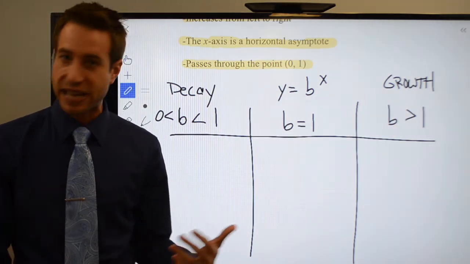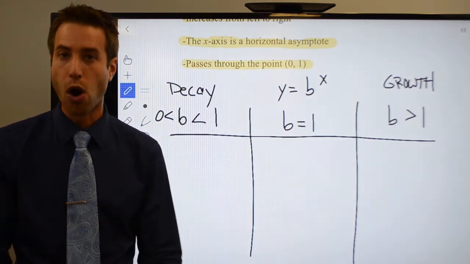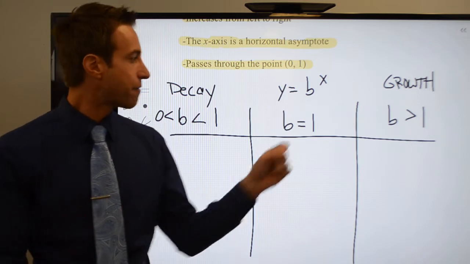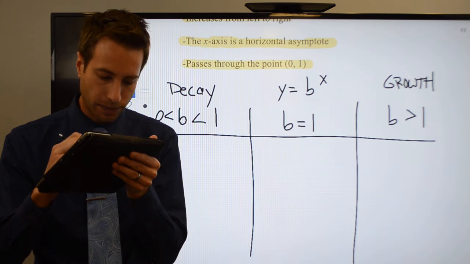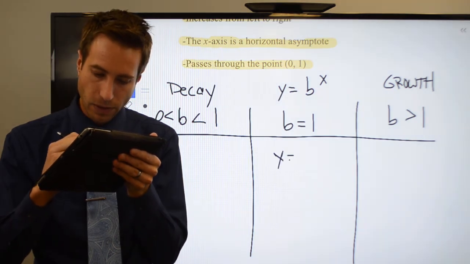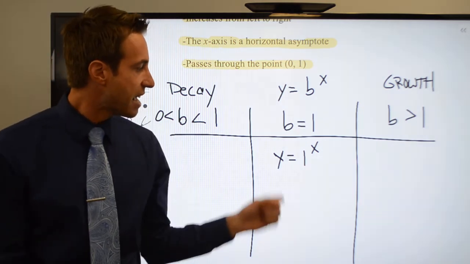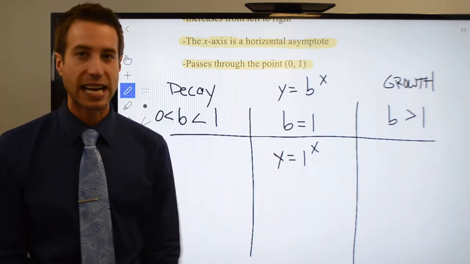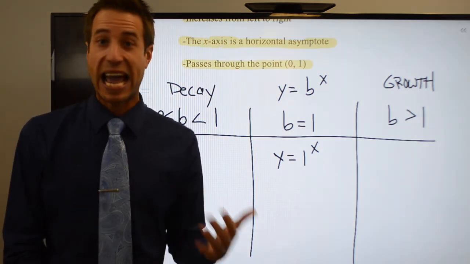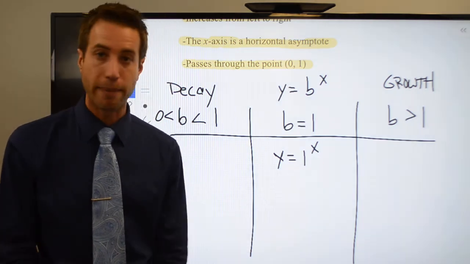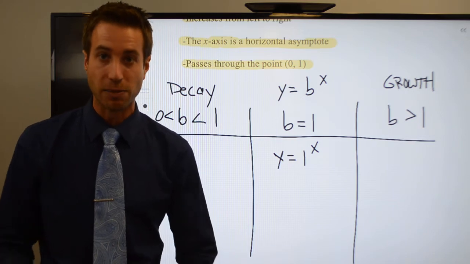The one that will never, ever happen is where the base is equal to 1. And here's the reason why. If my b were 1, then I would have the function y equals 1 to the x power. Well, let's just think about this for a second. If I have y equals 1 to the x power and x is the variable, 1 to any power, it doesn't matter what I plug in for x, is always going to be 1.